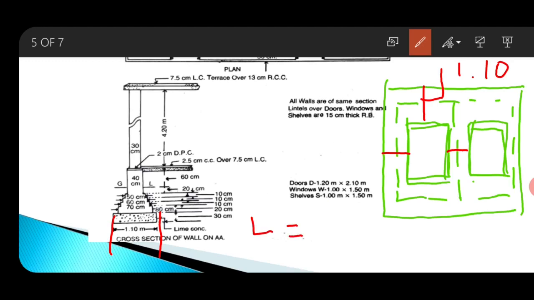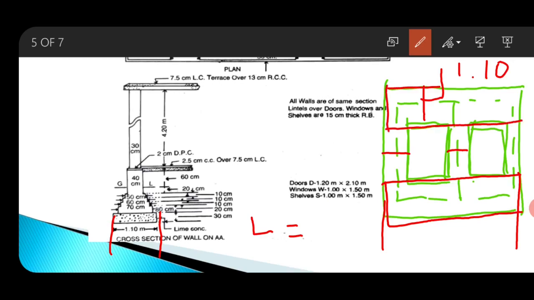So long wall, this one is the long wall. Okay.